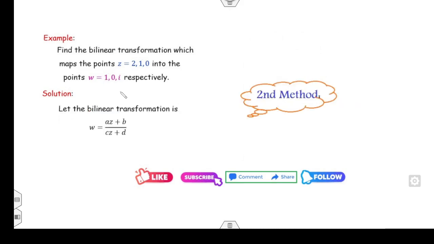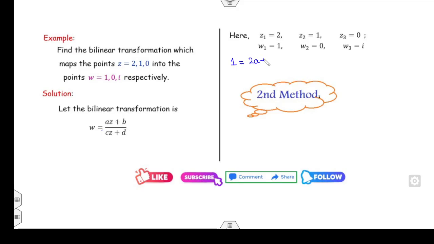The second method is by using the transformations. When Z1 is equal to 2, W1 will be 1. So I can substitute one by one. W is equal to 1, Z is 2: (2A plus B) over (2C plus D).